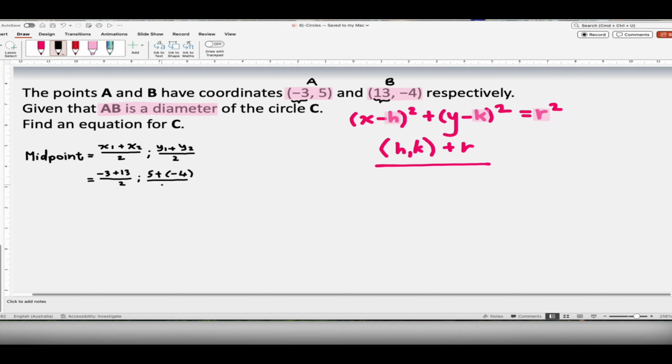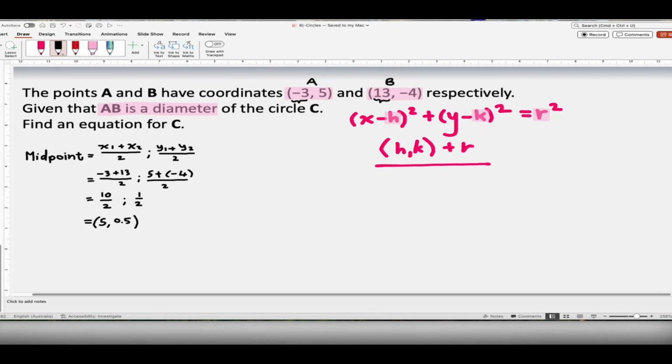If we simplify this, we will get 10 over 2 and 5 minus 4, so that will be 1 over 2. So our midpoint will be (5, 0.5) or a half. So this is our midpoint.